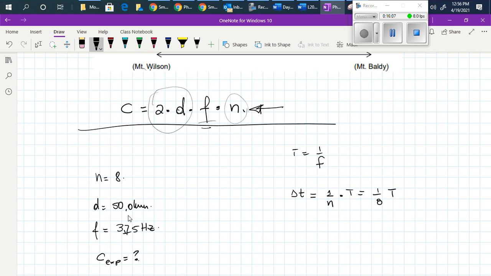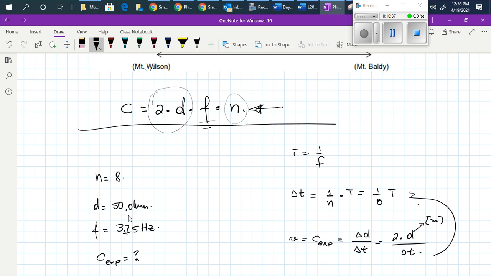Then the velocity, which is the experimental value of the speed of light, will be delta d over delta t. Delta d will be 2 times d, because the light is moving from the sided mirror to the reflective mirror and coming back. Convert this into meters, over the time, this time here.